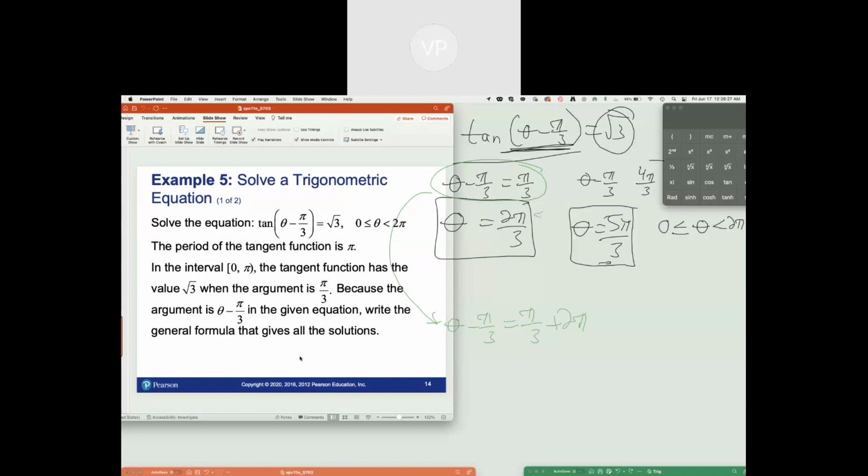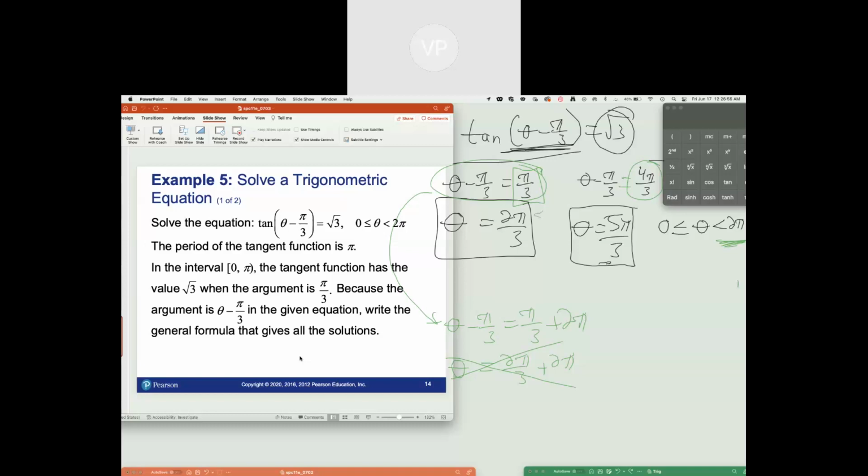You can take any original solution, this pi over 3, add 2 pi to it, and then let's see what we get. We get 2 pi over 3 plus 2 pi, and right now I already know too big. It's greater than this 2 pi, so that's gone. This one over here, it's going to be the same thing. This equals 4 pi over 3. When I add a 2 pi to that, we're going to be too big. So looks like we have our only two solutions.